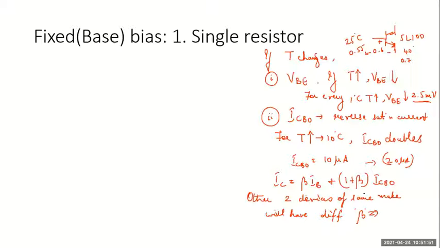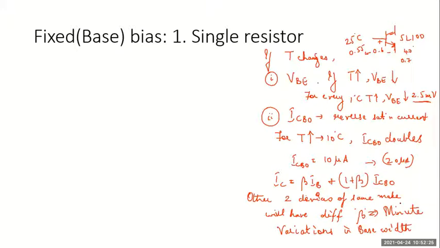That's why usually they don't specify the exact value of beta. They'll give you a range. Any idea why this would change? This mainly happens because of minute variations in the width of the base region. This change in the current gain factor is mainly because of minute variations in the base width.